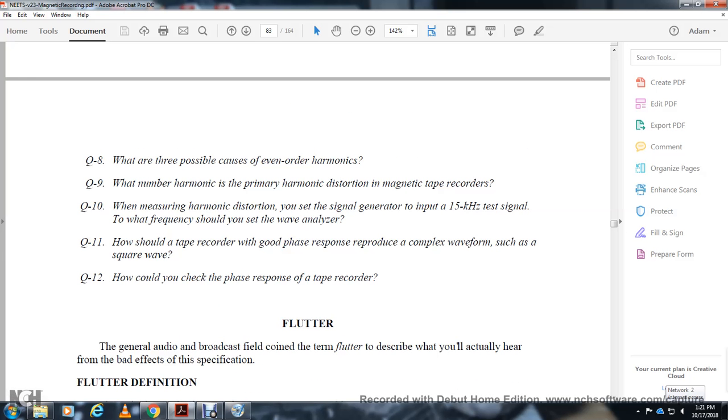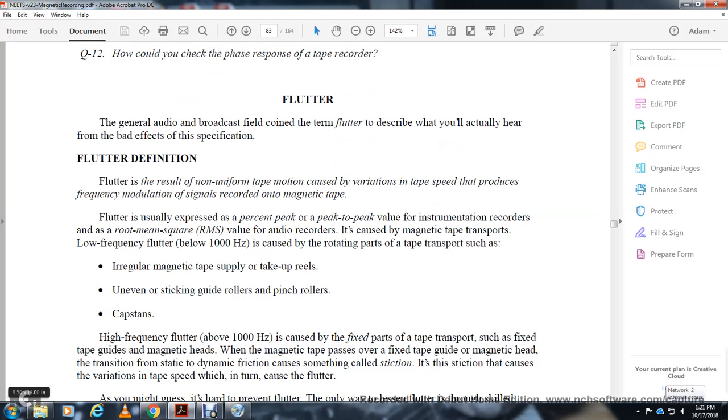Flutter is the term for what you actually hear in general audio, broadcast, and television. It covers various shapes of frequency modulation on the record on magnetic tape, and flutter is usually the first specification of recorders.